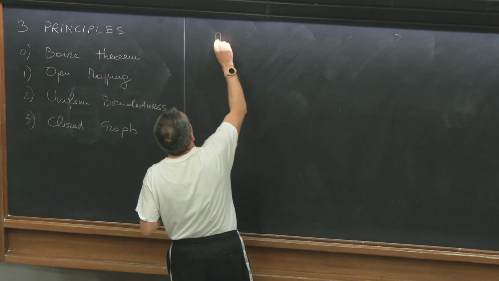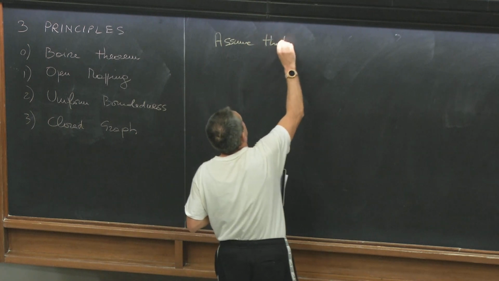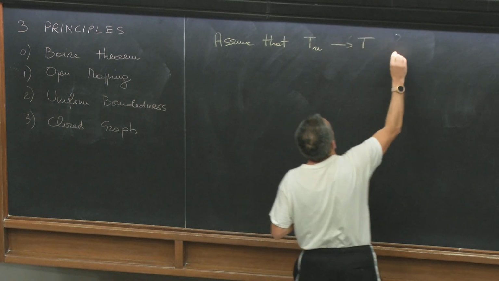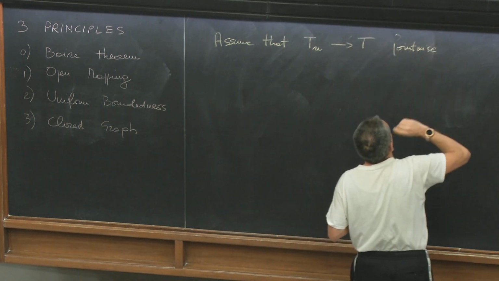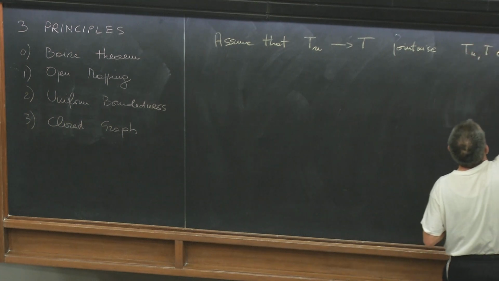So assume that Tn converges to T pointwise, and Tn and T are linear functionals on Banach spaces.